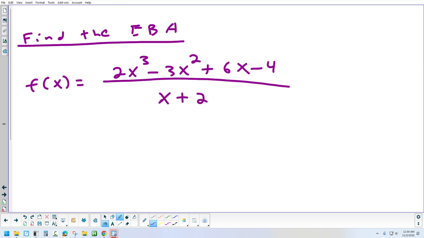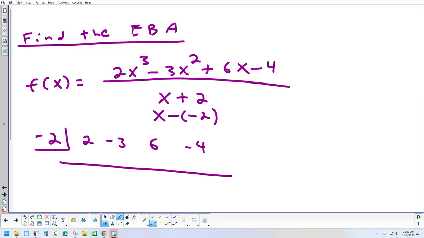Can we do synthetic division on this one? Yes, we can. We just have to be careful. What number goes on the outside? -2. And the numbers on the inside? 2, -3, 6, -4. So let's bring down the 2.